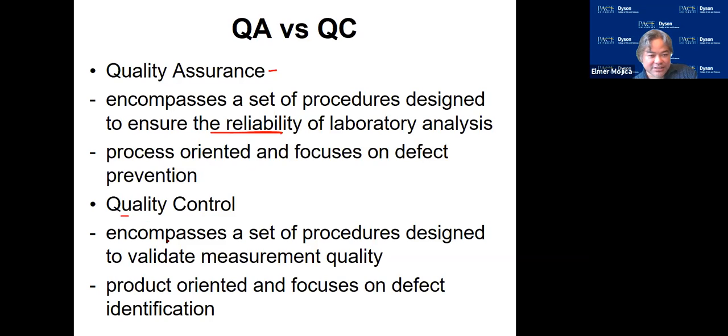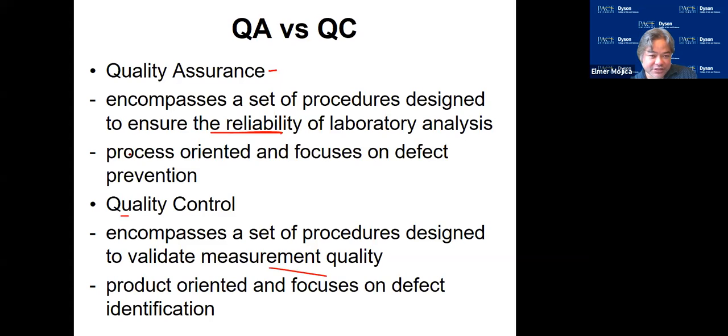Quality control, on the other hand, encompasses a set of procedures designed to validate the measurement quality. So these are active measures that are taken to ensure the required accuracy and precision of a quality analysis.